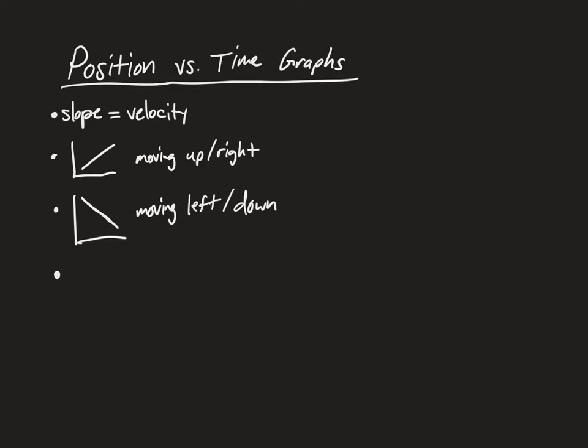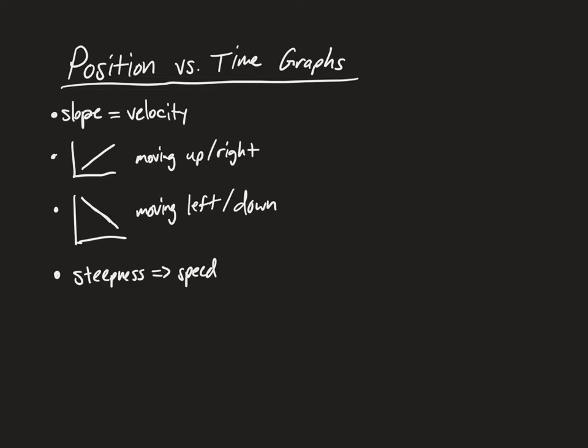So the slope gives me a velocity. I can get a number for that. But there's also a quick way to tell just how fast something is moving compared to something else. The steepness of the graph can indicate the speed. Steepness is kind of ignoring whether it's sloped up or down.